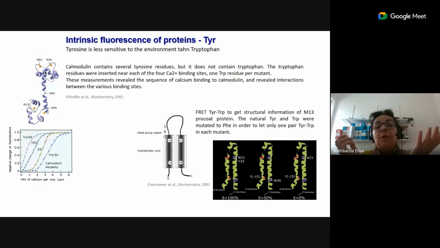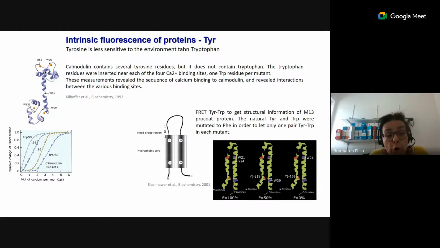So okay, what about tyrosine? Tyrosine is, as I said, less sensitive to the environment than tryptophan. Of course, it's possible to use tyrosine in many respects, but it is less sensitive.